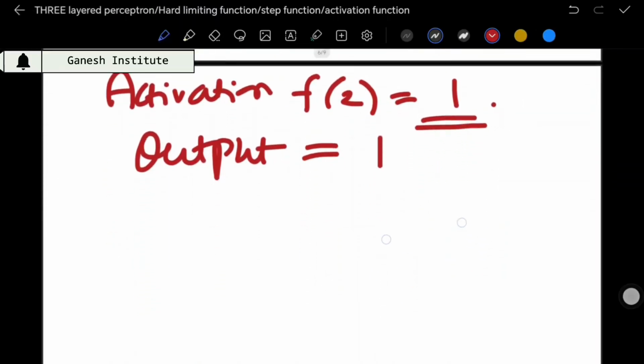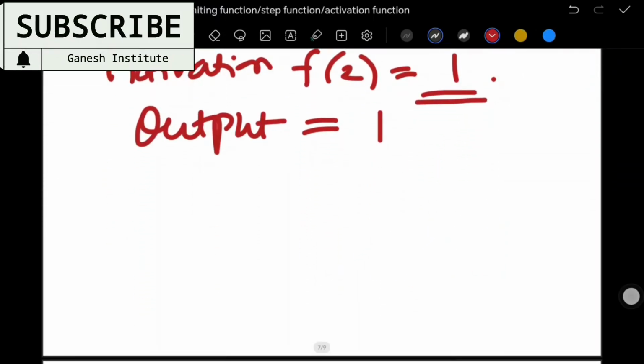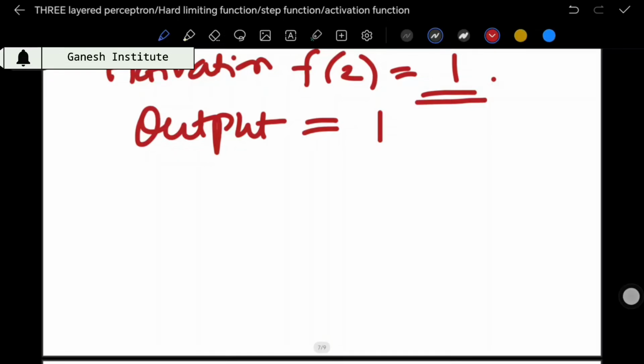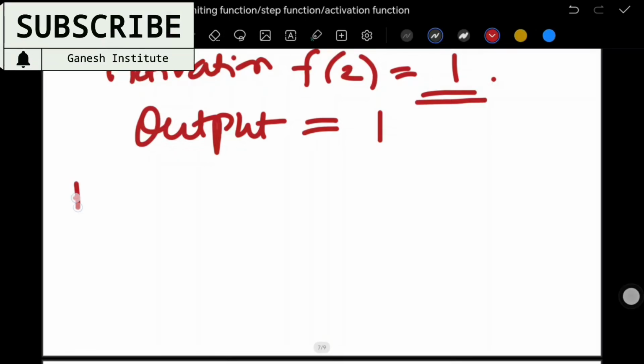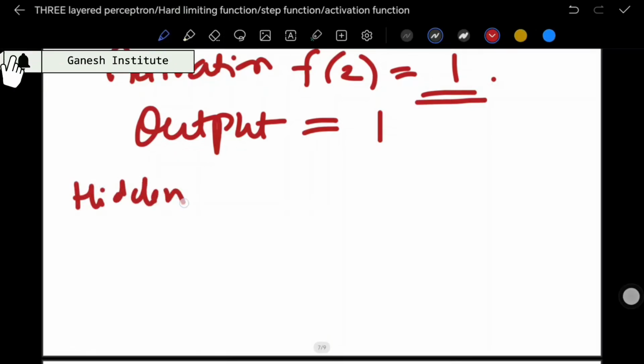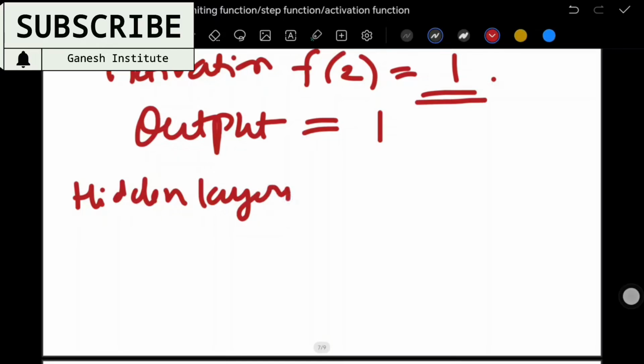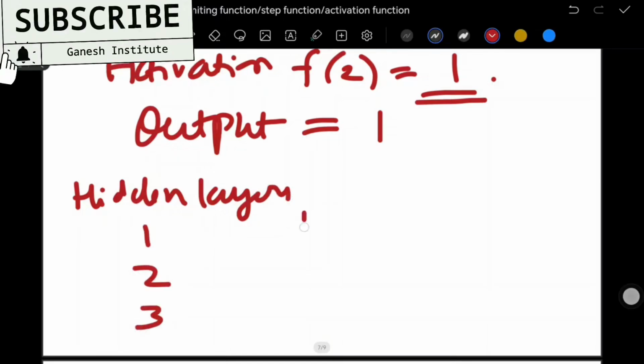This is the answer. You can make a table out of it as well if you want. You are given the hidden layers, 3 rows, that means neurons 1, 2 and 3.